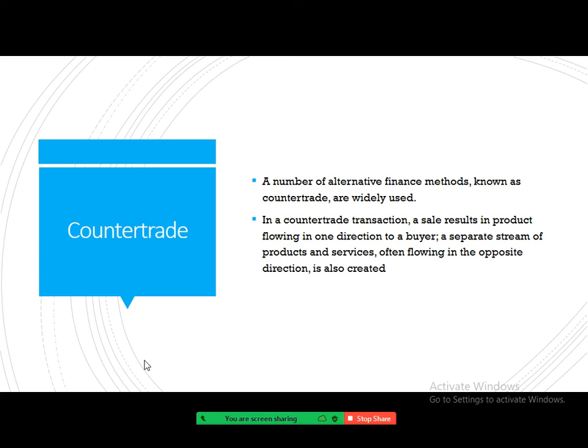For example, the countries in the former Soviet bloc have historically relied heavily on counter trade. This approach, which reached a peak in popularity in the mid 1980s, is now used in some 100 countries. Counter trade flourished in the 1990s following the collapse of the central planning system.